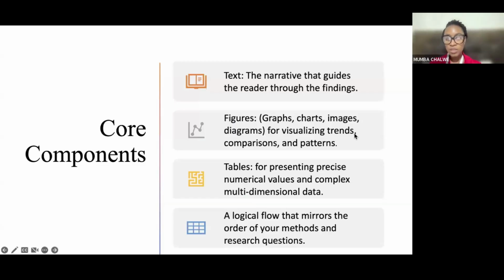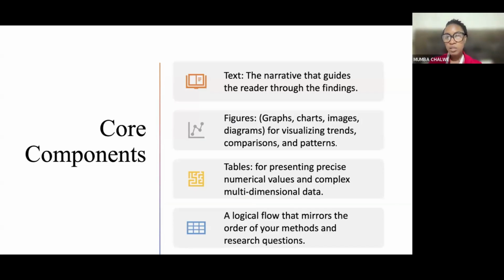So what exactly is in your results section? You have the text, right? And this text is the narrative. It guides the reader through what you found without interpretation. You're just saying what's there.